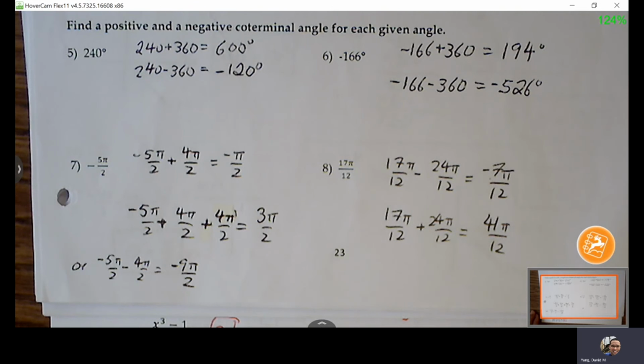If I can either add or subtract 360 or 2 pi to the one that's further away, and I can get it down to the other angle, then I know that they're coterminal. But if I add or subtract 2 pi or 360 and I can't get the two to match, then they're not coterminal angles.